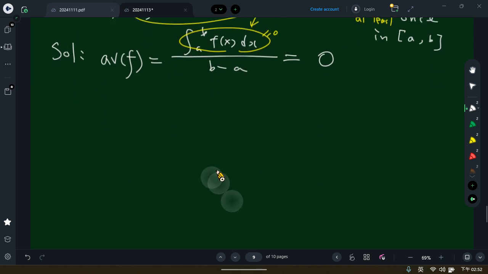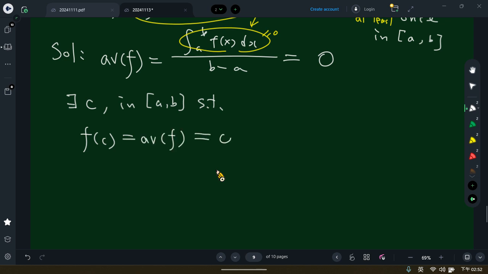So we can find a C in AB such that f of C is equal to the average value, which is 0.